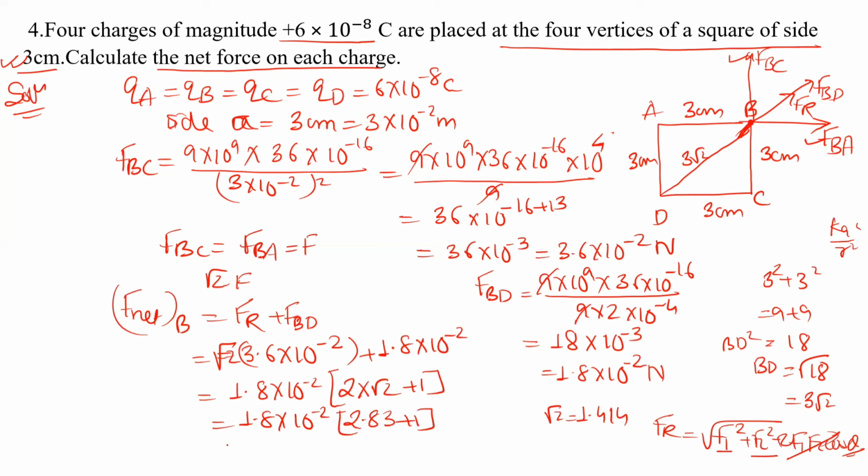This will give you 1.8 into 10 to the power minus 2 into 3.83. When you multiply 1.8 with 3.83, it will give you 6.89 into 10 to the power minus 2 Newton. This much of force, and this force is along which direction? It is along BD.